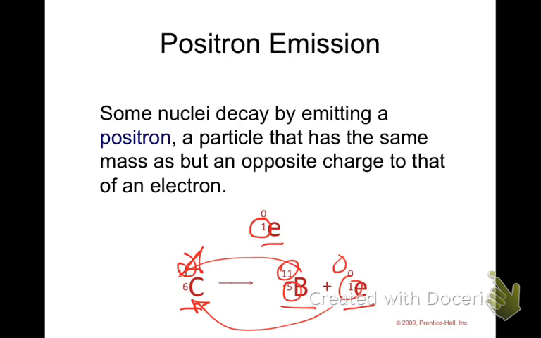You should, at this point, know what an alpha particle is. You should know what a beta particle is. You should know what a positron is. And you should be able to write equations for an element given the type of decay that it undergoes.